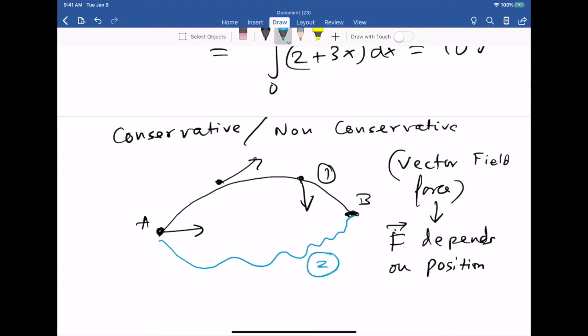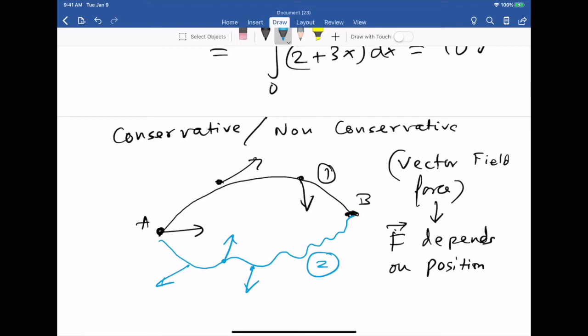Do you think the work done would be the same along both the paths? Along the second path, the particle encountered completely different forces, let's say. So the forces were all completely different on the second path, right? So there's really no reason to expect that the work done along path 1 would be the same as the work done along path 2.